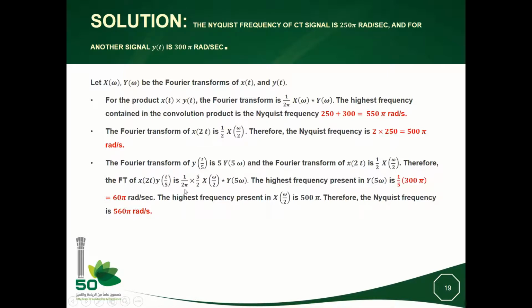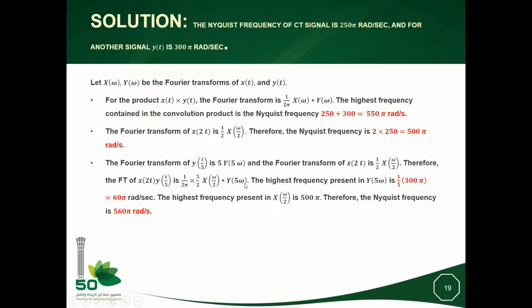So in the frequency domain, we will have 1/2π, the inverse of 1/2 and the inverse of 1/5, which gives 5/2, X(ω/2) convolution with Y(5ω). So here we have a dilatation in the spectrum of x, and here we have a compression in the spectrum of y.